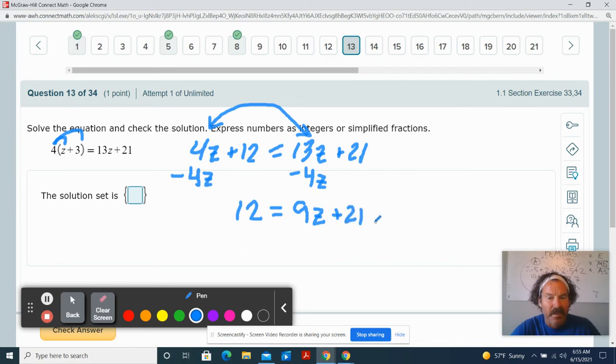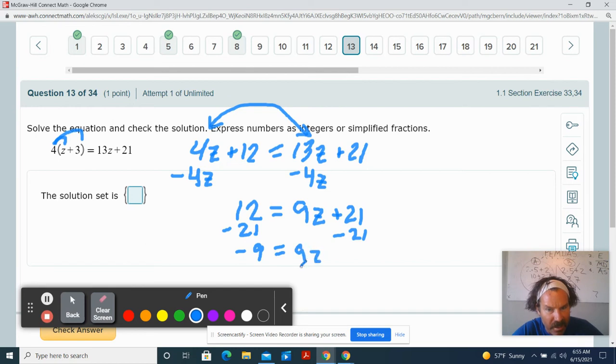Now I got the z on the right-hand side. Now I have to get rid of the 21, and I have to get rid of the 9. I want to get rid of the 9 last. I want to get rid of the 21 first. So I'm going to subtract 21 on both sides. And 12 minus 21, I believe, is negative 9, which is nice because I have a 9 over here.